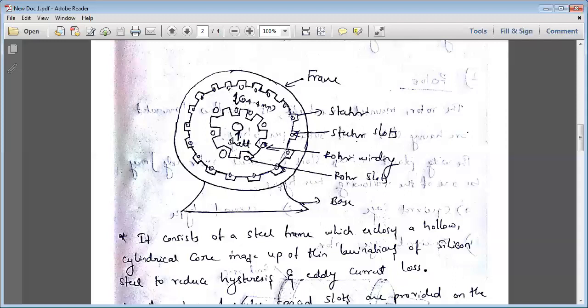And you can observe here in the stator winding, we have the number of slots on the inner periphery. So here the conductor is placed in this location.